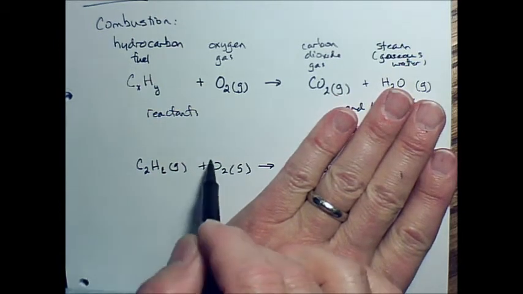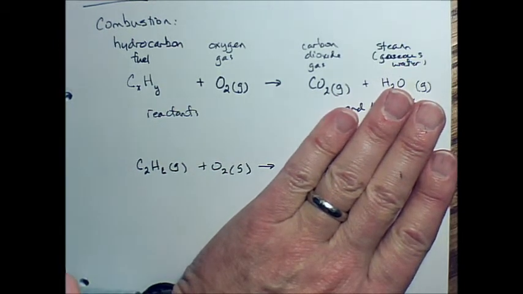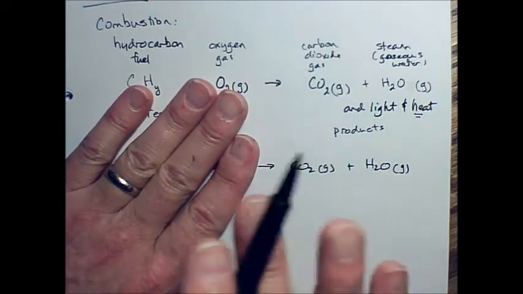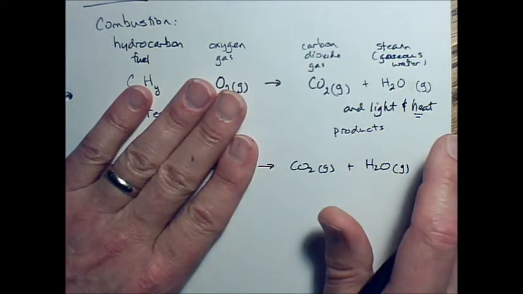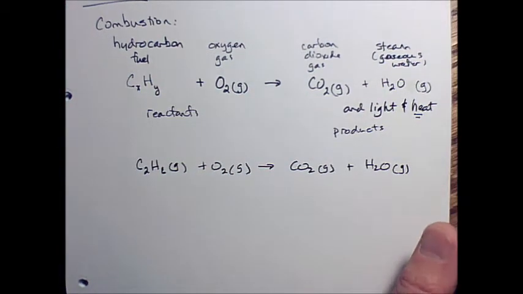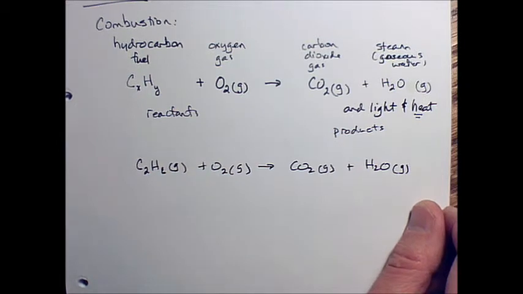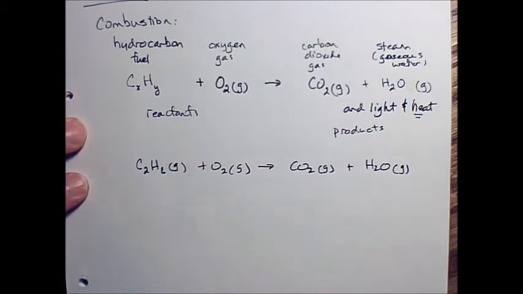And if you have hydrocarbon and oxygen in this class, at this time, you can always predict CO2 and water. End of discussion. End of the story. That's combustion. Classified as combustion. Okay. Now, I haven't balanced the equation. Okay? I've just given you a skeletal equation for the moment. Got that? Any questions? All right.